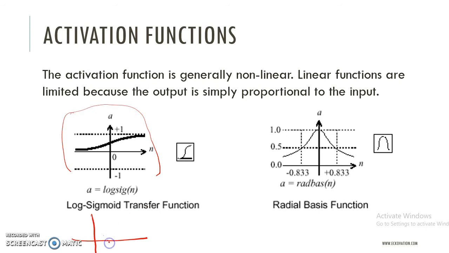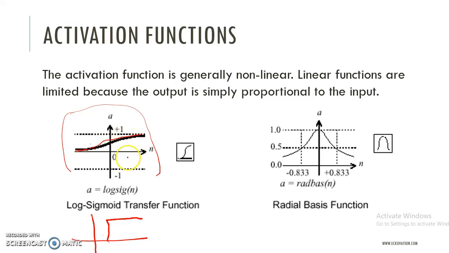Sorry, this one is a step function, and this one is the sigmoid function, which is propagating over the whole range, from the 180 degree to this particular axis of x. So it comes out from here, and this one is a sigmoid function.